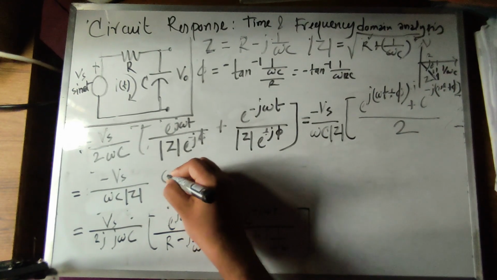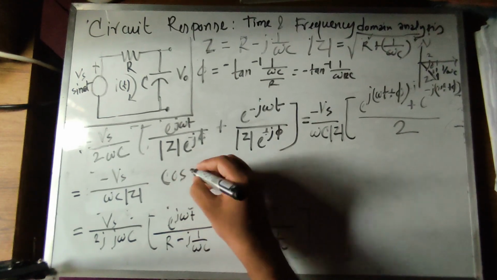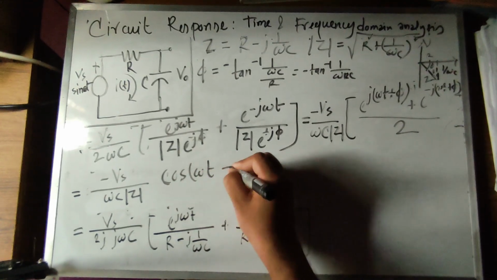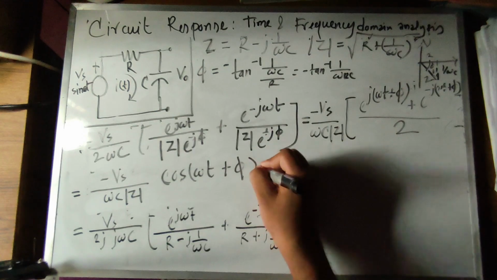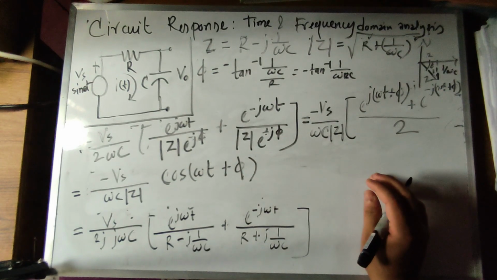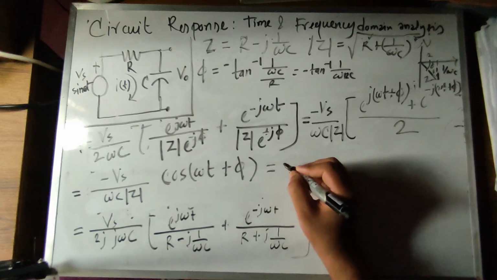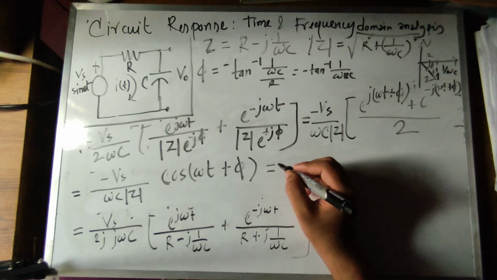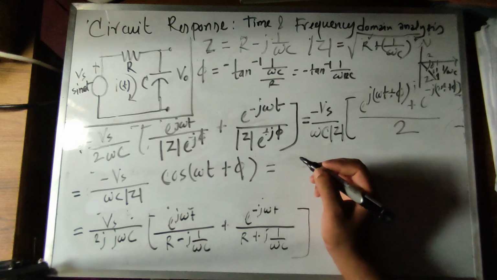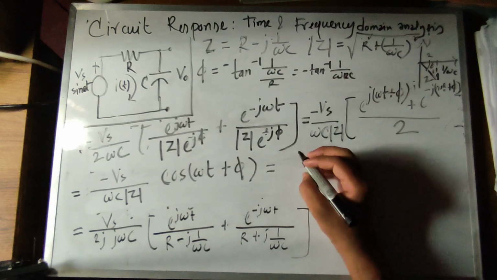So cos omega t plus phi, this gives us cos omega t plus phi. If we further break it down and rearrange this, it will give us the value.